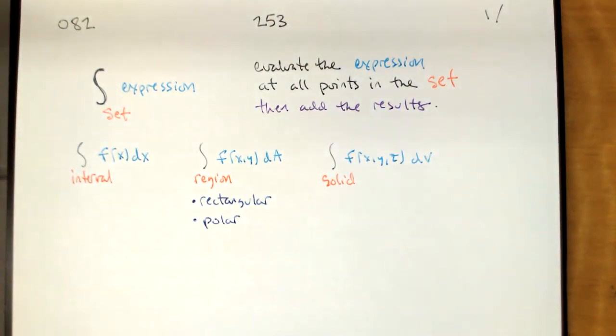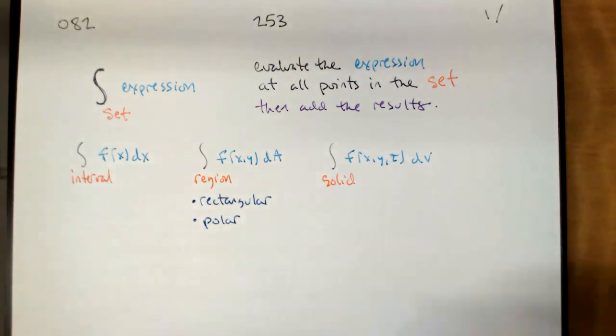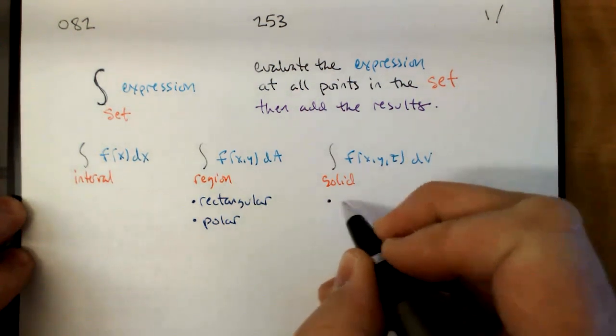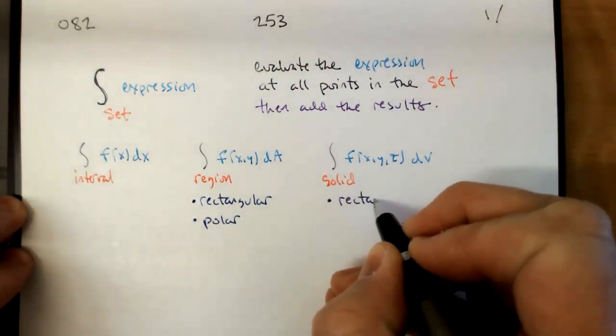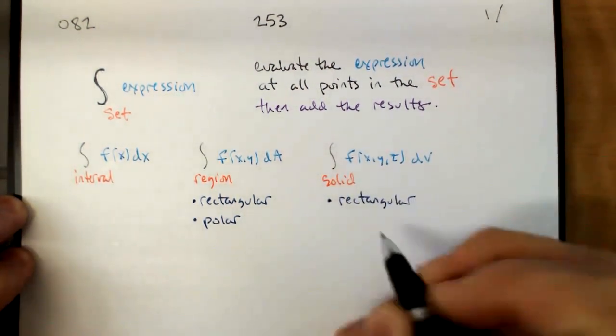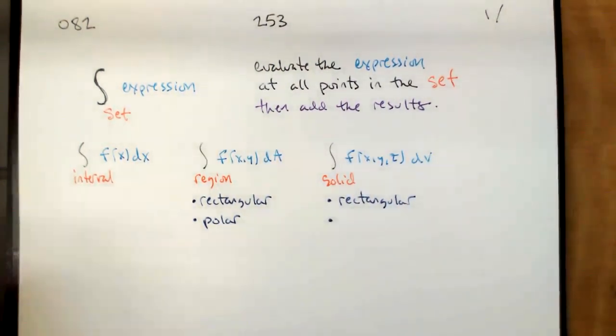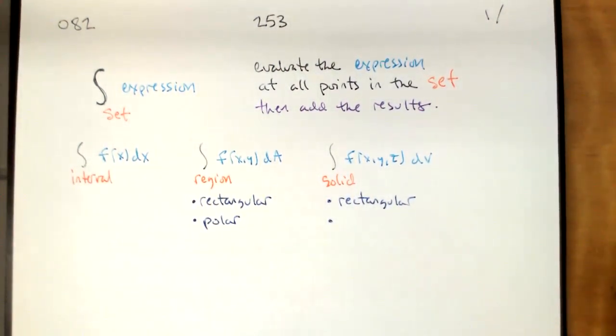In the case of a solid, we're just listing a bunch of points that we're going to plug into the expression. And we have multiple kinds of coordinates to describe this solid. We have rectangular coordinates, where all three are distance, or all three of them are length. We have cylindrical coordinates, which is polar coordinates plus height. One of the coordinates is an angle.